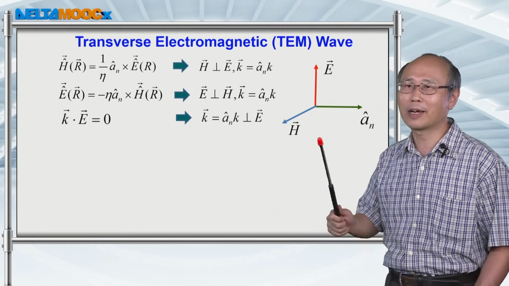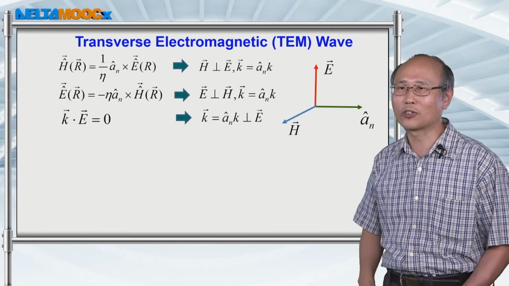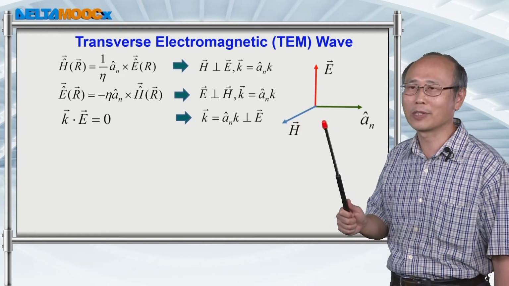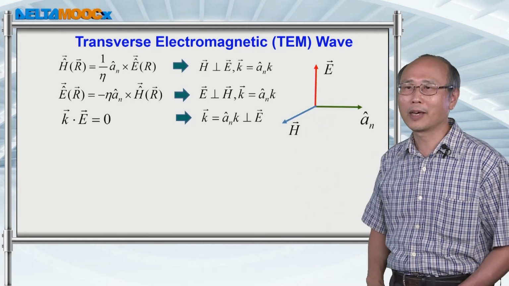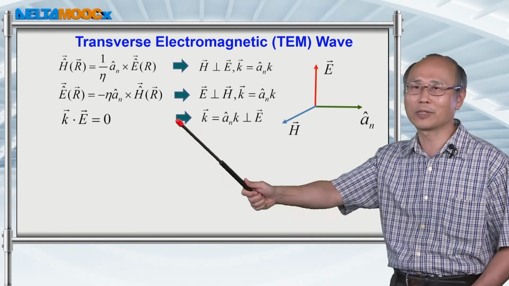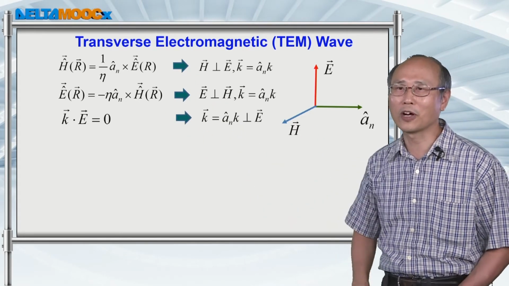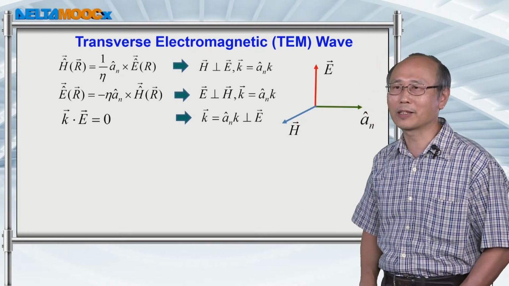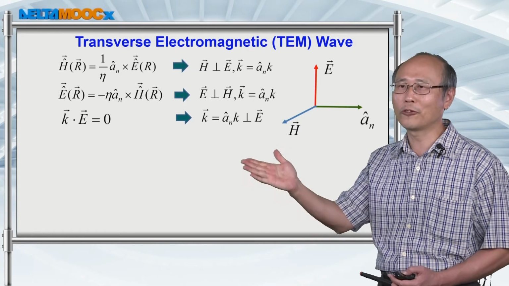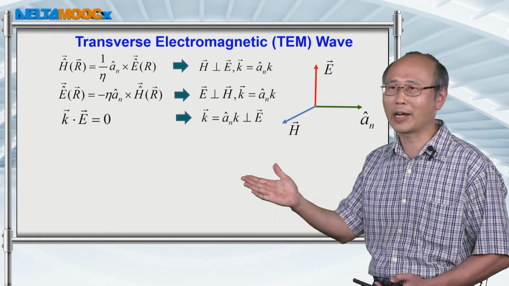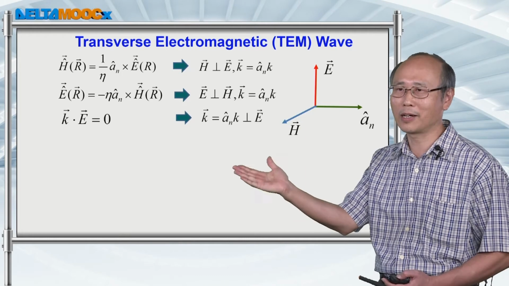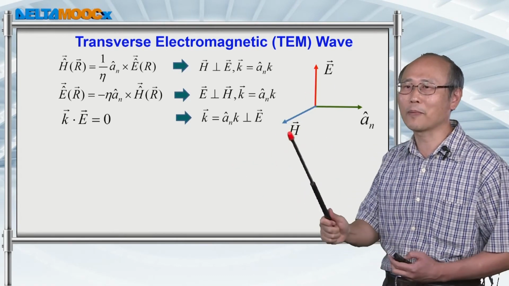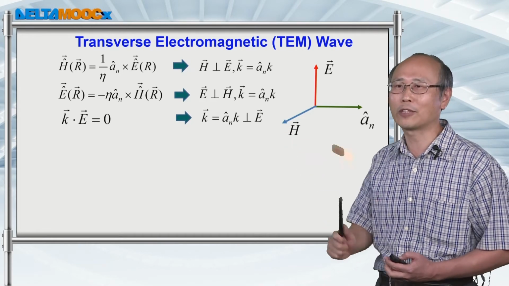So if I write down the three vectors and draw them on the whiteboard, you come up with this construction. This construction is consistent with the results from these three expressions. You can check that if you put your four fingers along the k direction and rotate toward the electric field, your thumb should follow the direction of the H field.